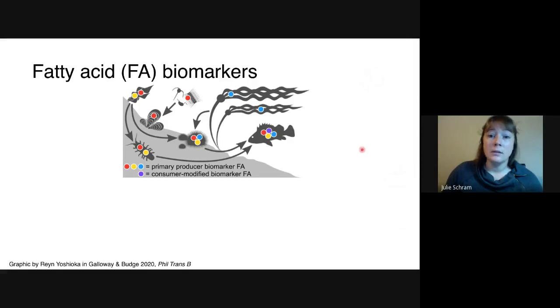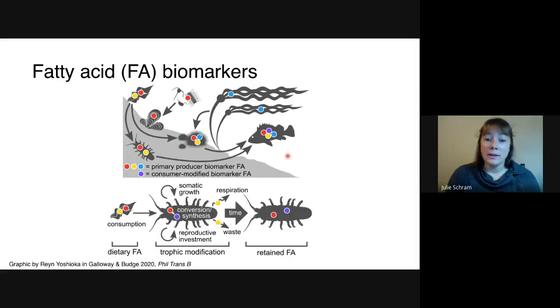Fatty acids are the building blocks of lipids, and the essential fatty acids, the ones that animals cannot produce on their own, are produced by primary producers like the seaweed or diatom in this diagram. These essential fatty acids are consumed along with the rest of the tissues of an organism, get incorporated into the tissues of the consumer, and get passed along up the food chain. However, we are not exactly what we eat.